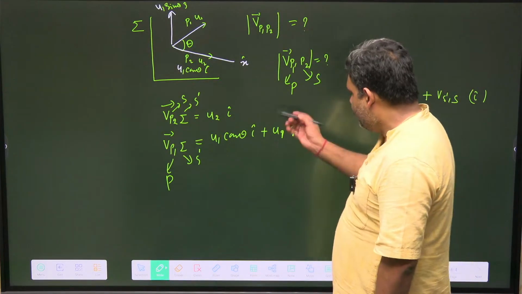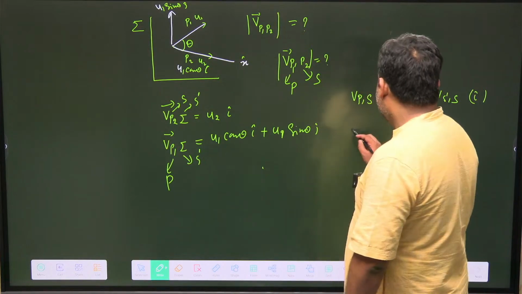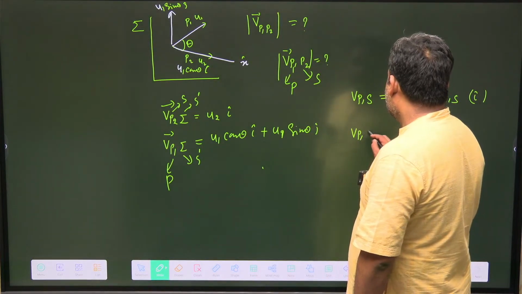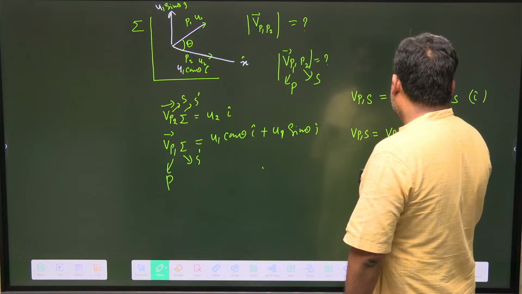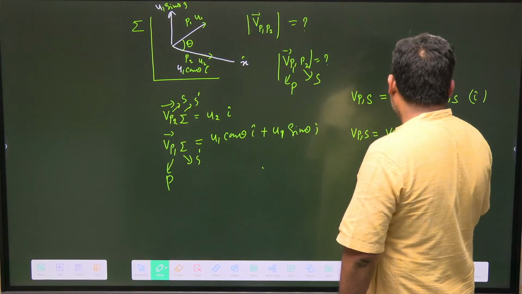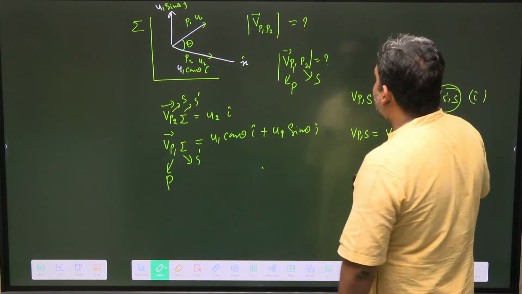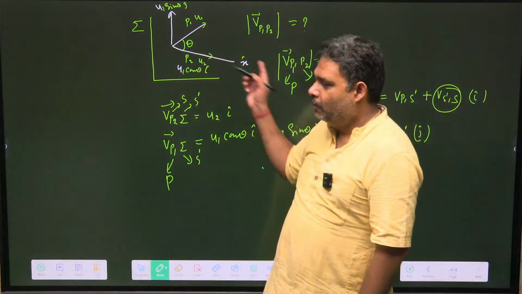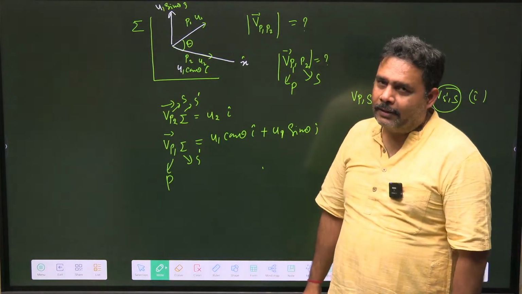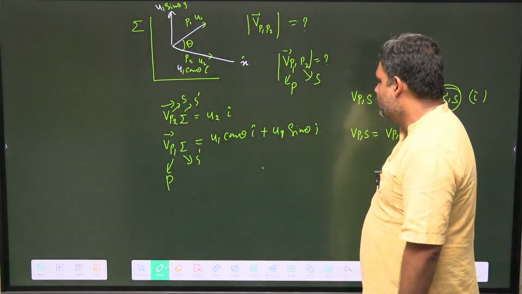But in the y cap direction, the velocity of the particle with respect to S is equal to the velocity of the particle with respect to S dash, in the j cap direction, because the other term is along the i cap direction.